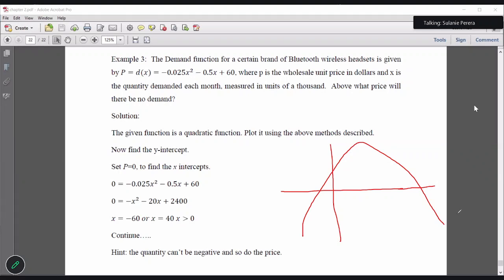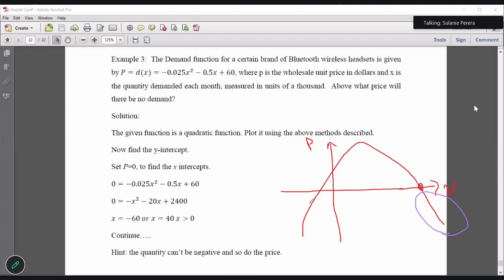So where will the price be 0, right? This is the price, no? This is the quantity. So where the price will be 0 and where the price will be negative, because I told you all earlier also that a price can't be negative.